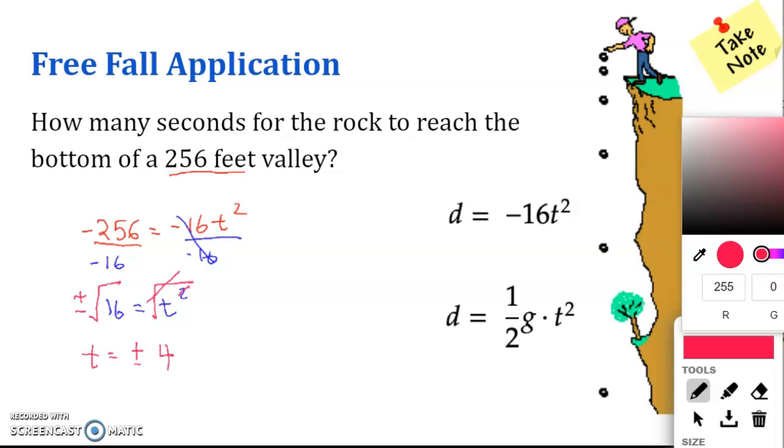That means it will be either 4 seconds or negative 4 seconds, and negative 4 seconds does not make any sense in this application, so it takes positive 4 seconds, and that will be my final answer.